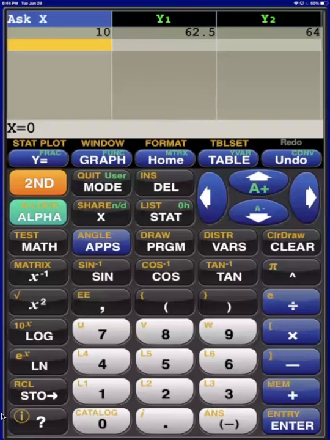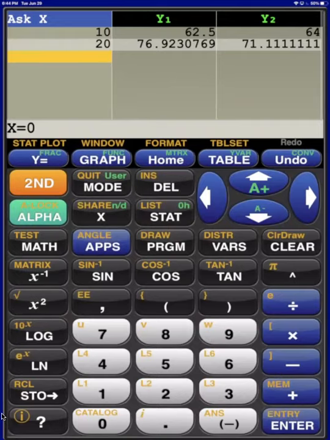So it looks like at $10,000, plan 2 is going to remove more pollutants than plan 1. Let's try this again for 20 and see if anything changes. Here, plan 1 is 76.9 and plan 2 is only 71.1. So at $20,000, it looks like plan 1 is going to remove more pollutants.